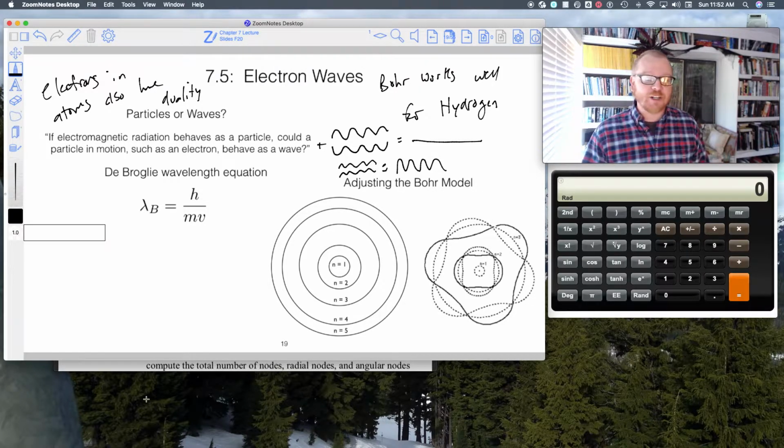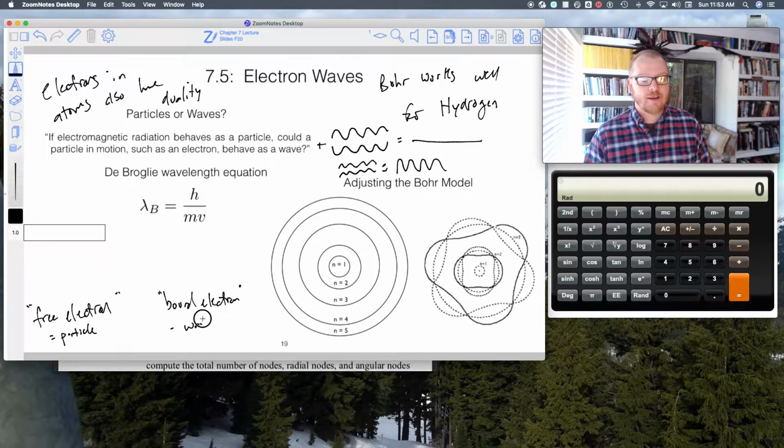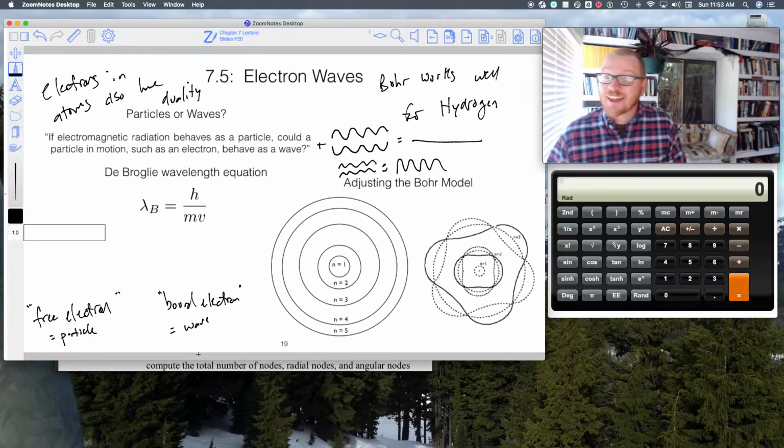So a free electron is like a particle. But a bound electron acts like a wave. That's crazy.